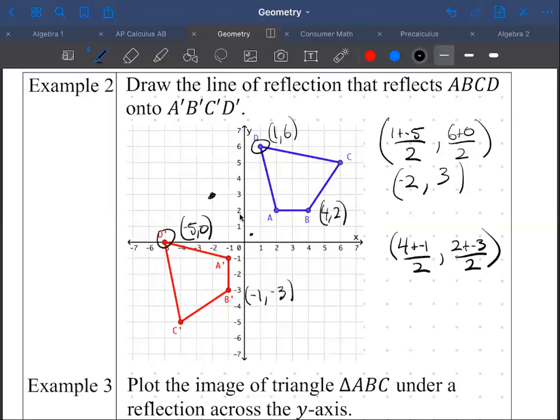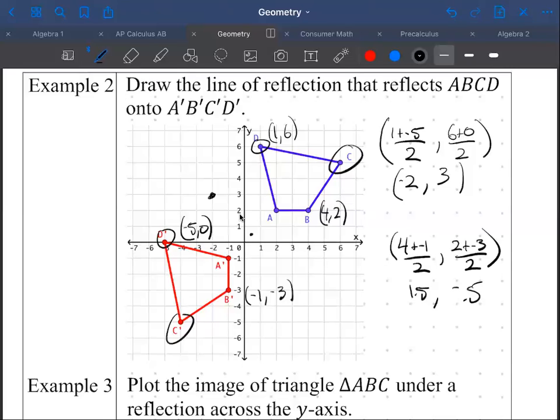And that doesn't come out very nicely either, does it? I guess we're going to have to go with C and C prime, because this is going to give us 1.5, comma, -0.5. Let's try C and C prime. You keep trying until you get nicer pairs, right?